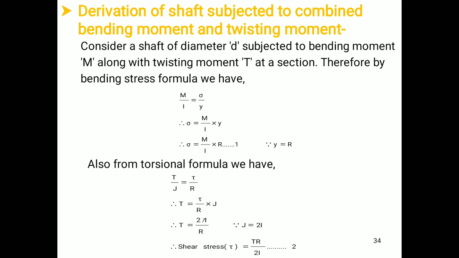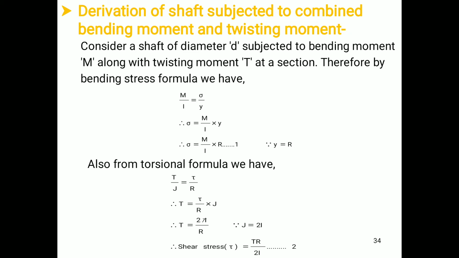So remember that this particular equation is 2 into tau into I upon R, because J is equal to twice I. From this one we will have the value of shear stress, tau equal to T R upon 2I. This is equation number 2.